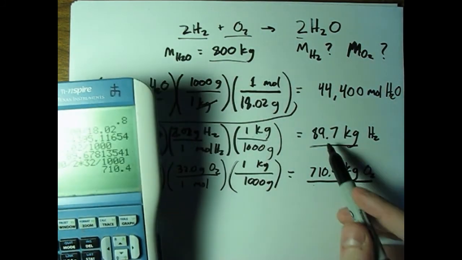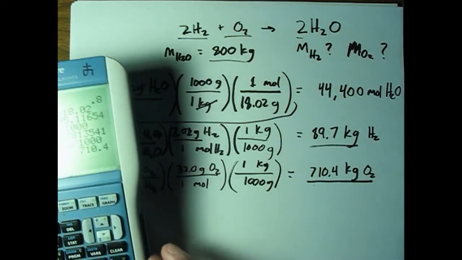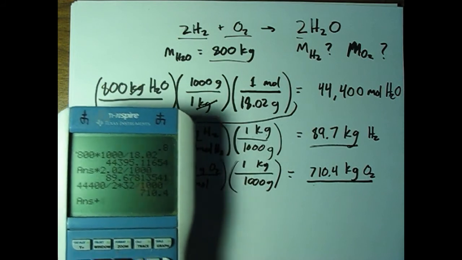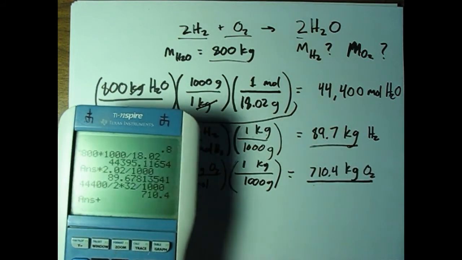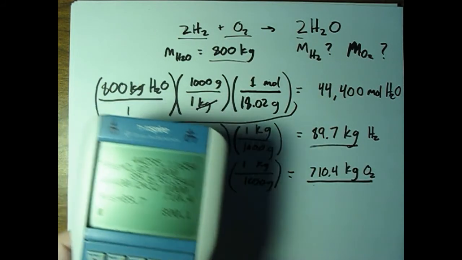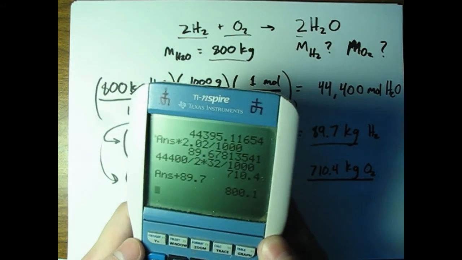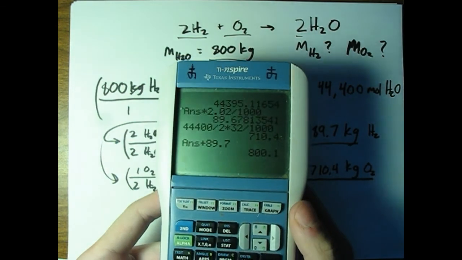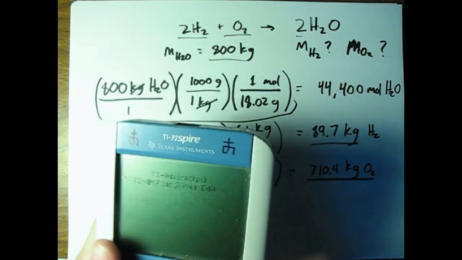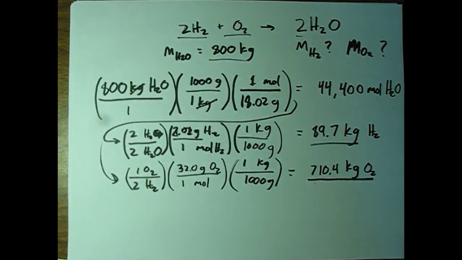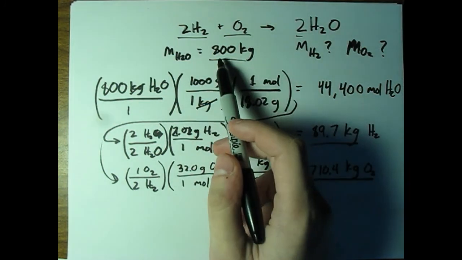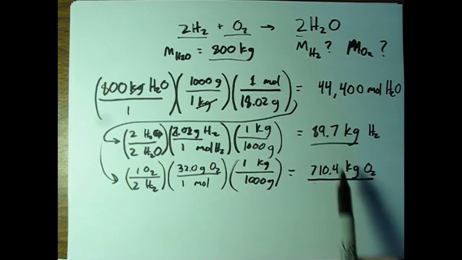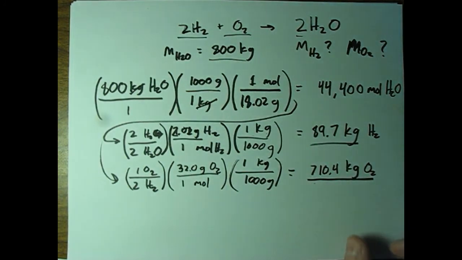You will notice that when you add these two up, so that answer plus 89.7, we get about 800. It's not exactly 800, of course, because we had some rounding errors, but that just goes to illustrate that mass is conserved. 800 kilograms of products comes from 800 kilograms of reactants.